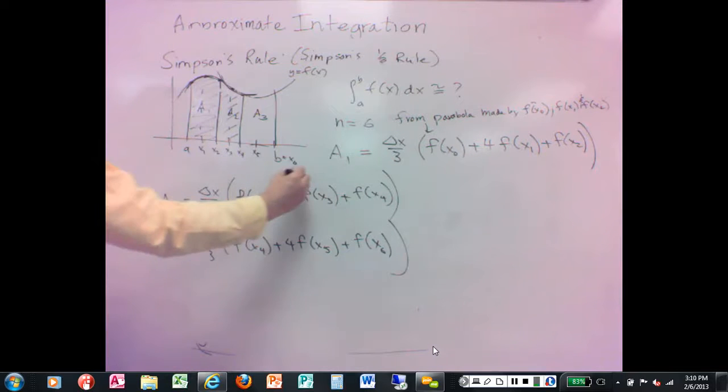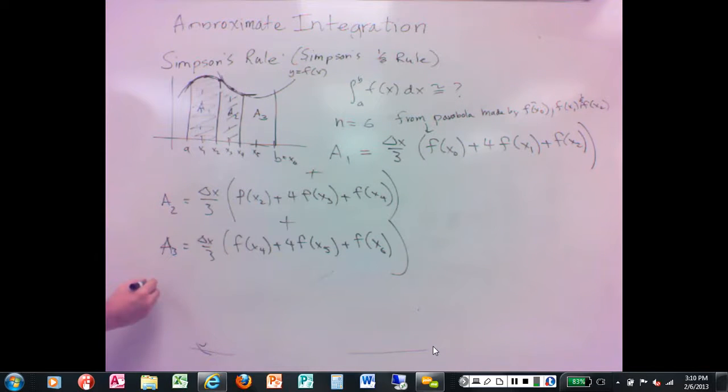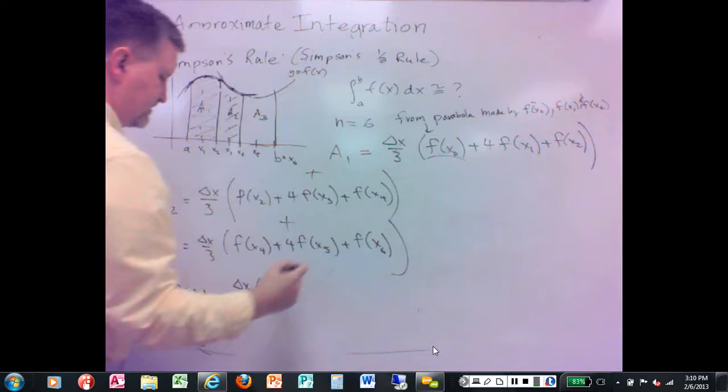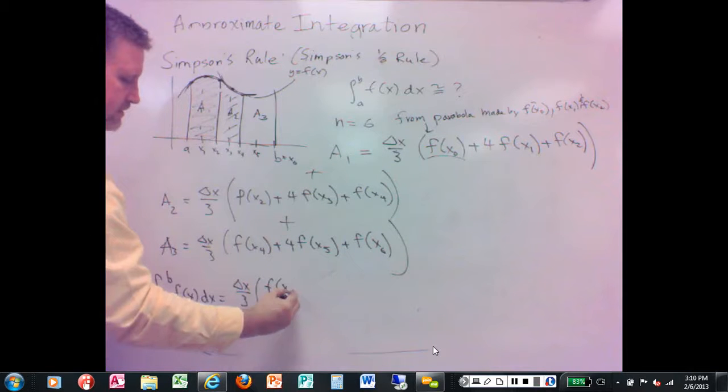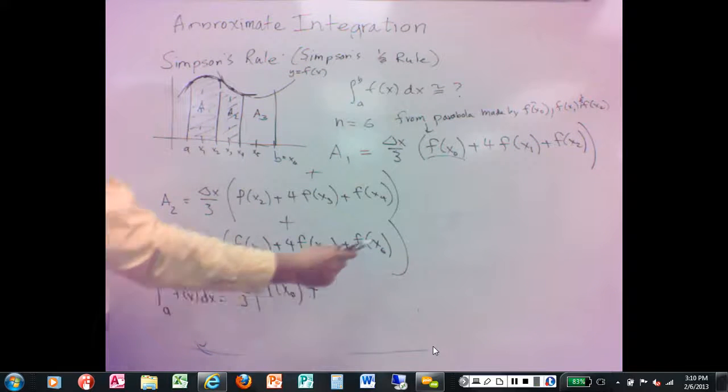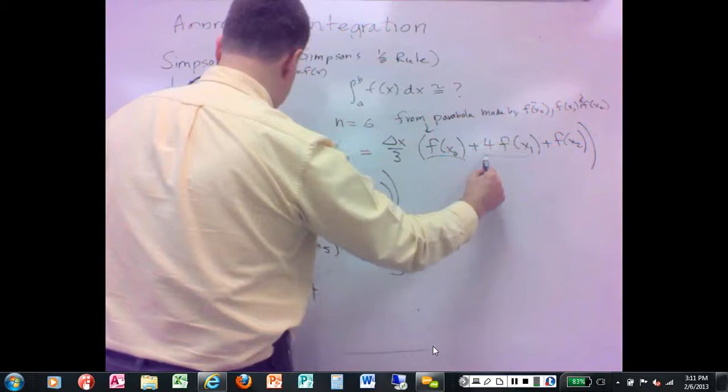So if I add these three together, I get my approximation. The integral from a to b of f of x is approximately, by that process, well, again, factor off the delta x over 3 and look at what I've got as far as f of x values. I've got f of x sub 0 plus how many f of x sub 1s do I have? Well, this is the only f of x sub 1, isn't it?